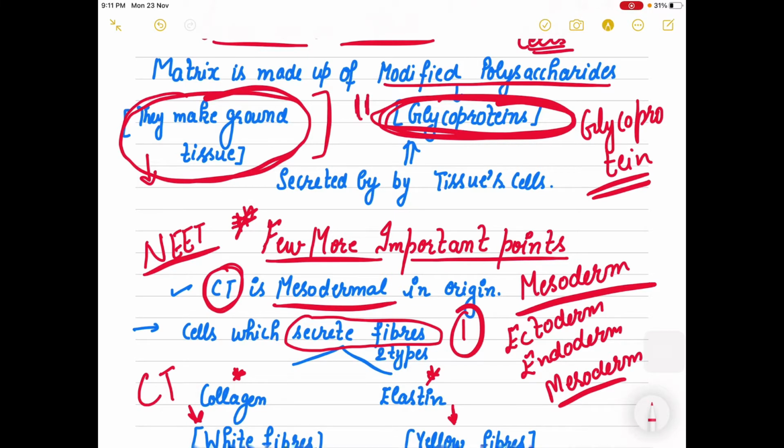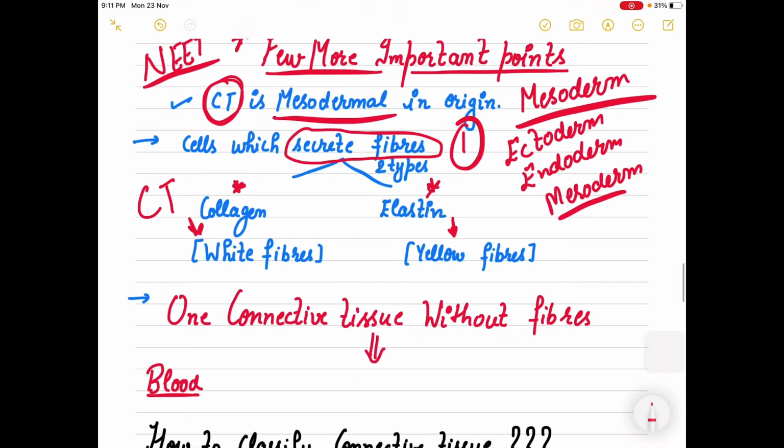So if the question comes in your exam that what is the matrix of CT, or connective tissue, made up of, what will you say? That it is glycoproteins, which are modified polysaccharides, and it also secretes two types of fibers. Which type of fibers? Collagen and elastin.